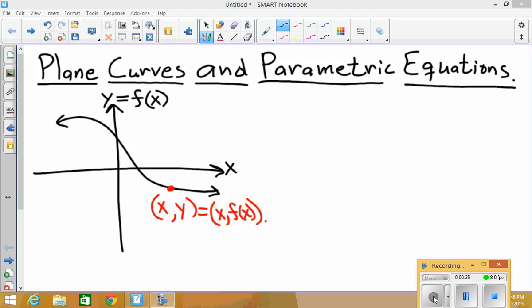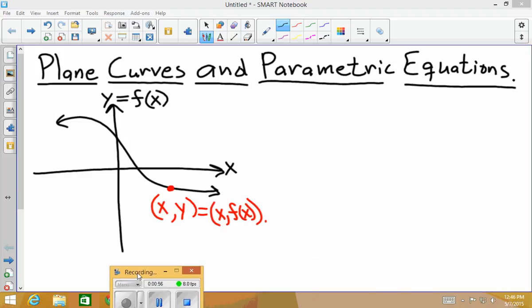Namely, we oftentimes write y equals f of x. Any point on that curve is described both by an x and a y coordinate, and since y is equal to f of x, we could describe the point as x comma f of x. In the real world, it oftentimes becomes beneficial to have a third variable involved.